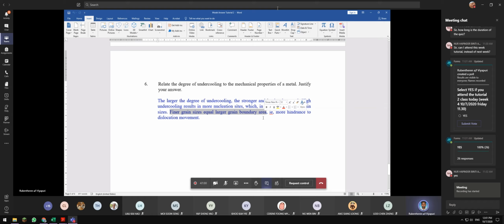So if you have more grain boundary area, plastic deformation won't happen that easily. So more hindrance to dislocation movement. See guys, this is how you relate it logically. That's what I'm emphasizing: logical thinking. If you're stuck with some question, relax, don't panic. Think of a logical sequence, how it will happen and what the results will be.